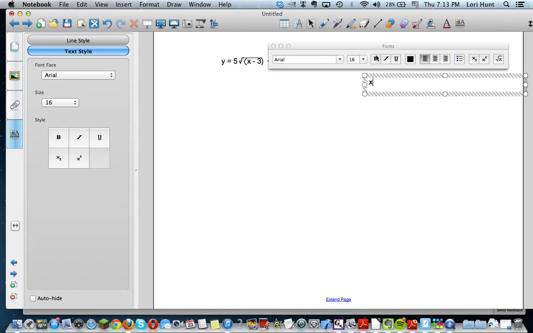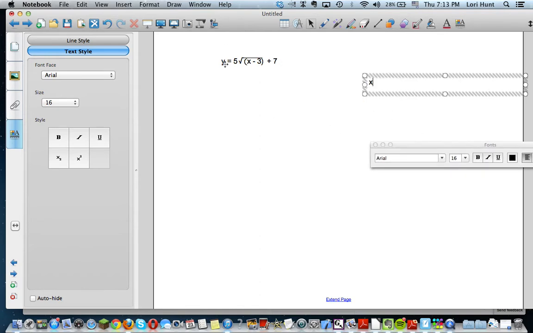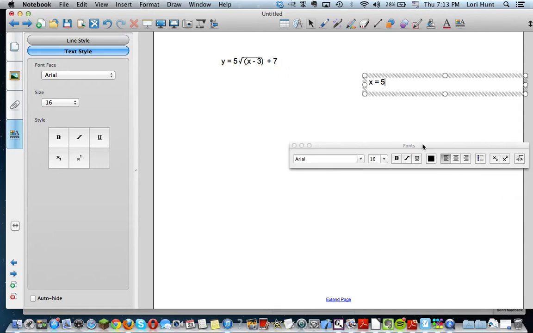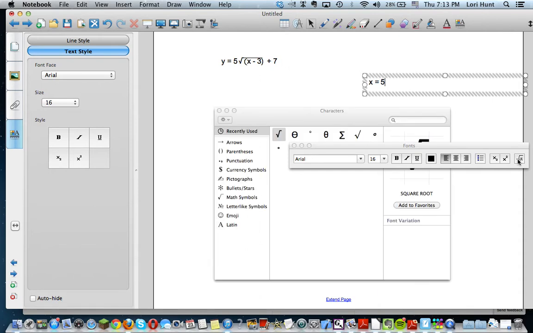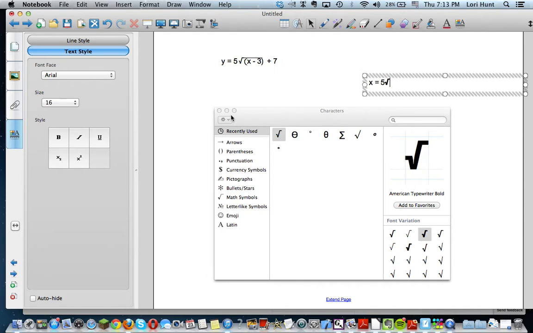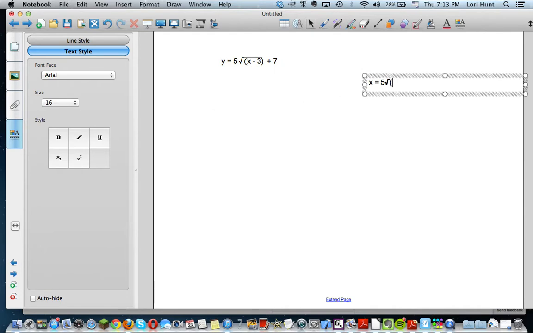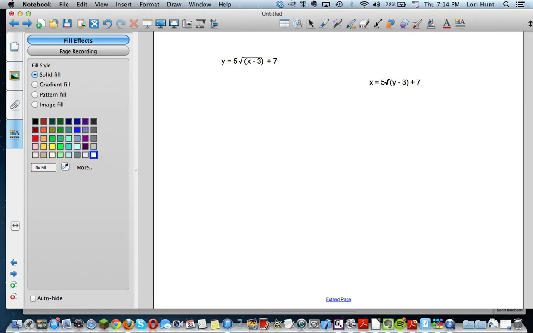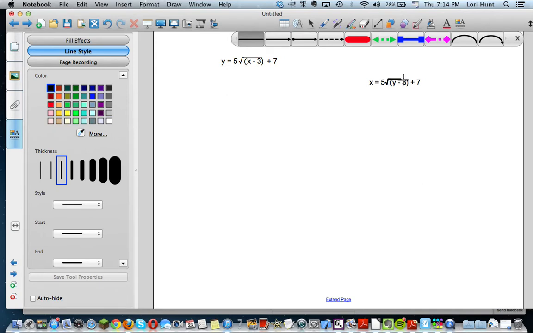So instead of, in this case, y equals 5 times the square root of x minus 3 plus 7, it would be x equals 5 times the square root of y minus 3 plus 7. So everything would stay the same except for the x and y get switched around.